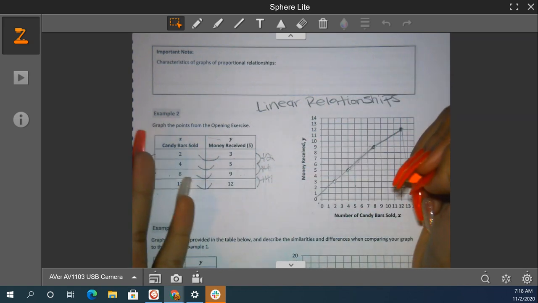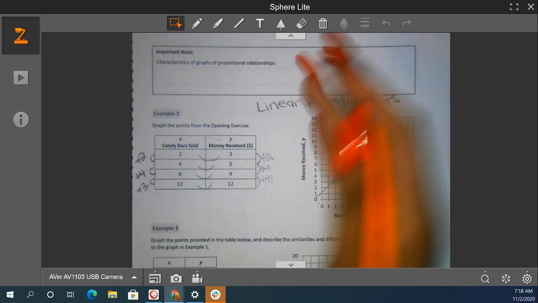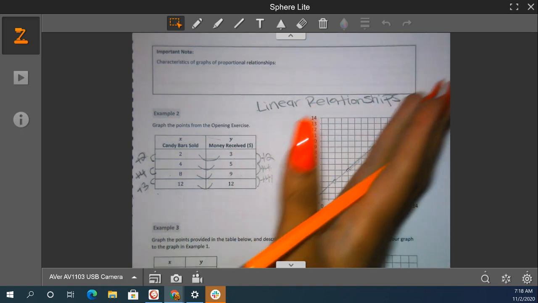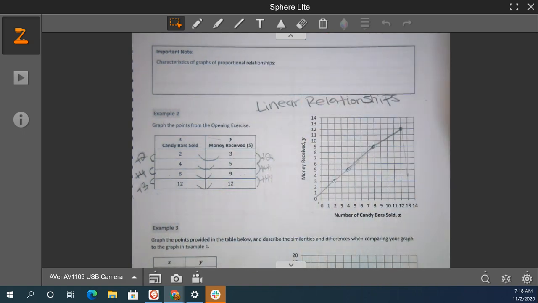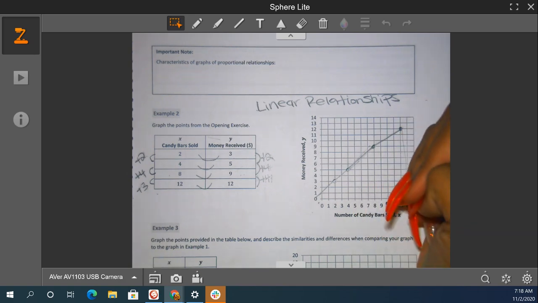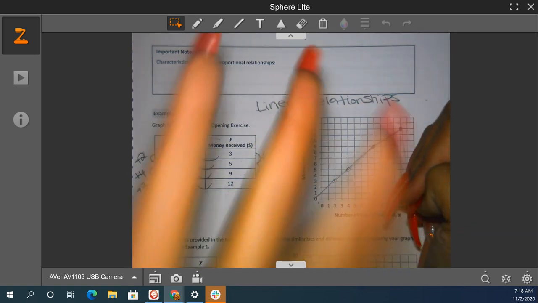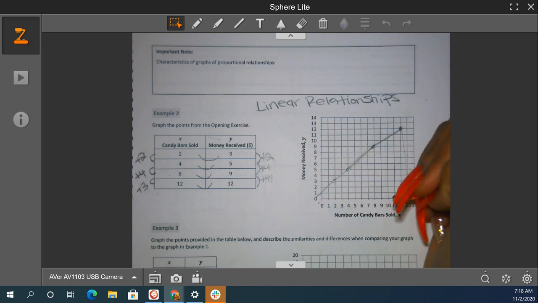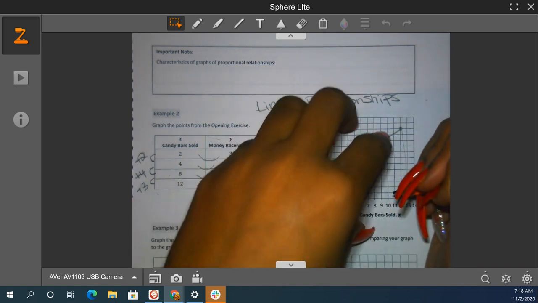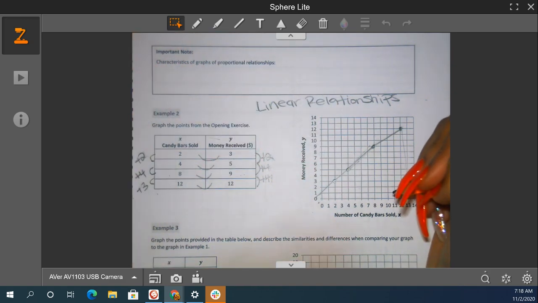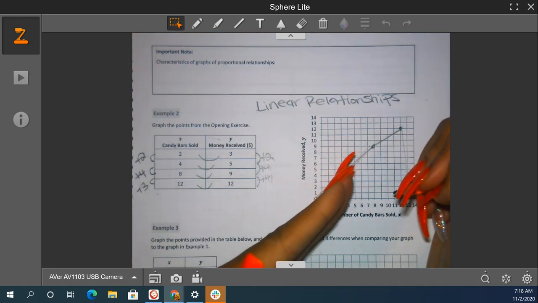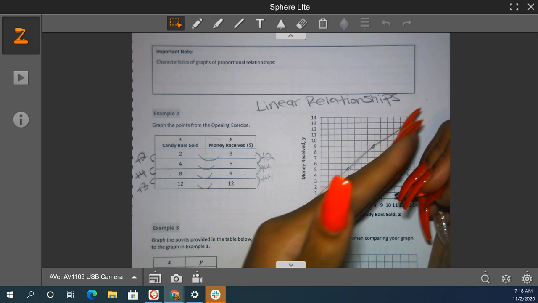When you have a proportional relationship, the line is straight, so it's just continuously going up, up, up, up, up. So the rate of change is constant. It's constantly going up. That's what this graph and proportional relationships have in common: they both have a constant rate of change.